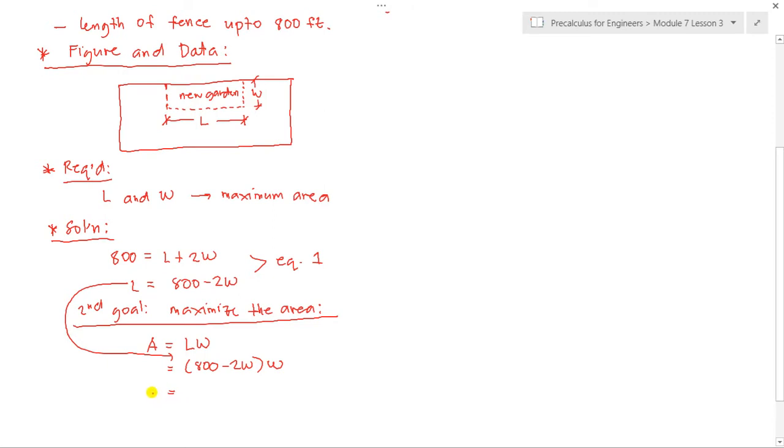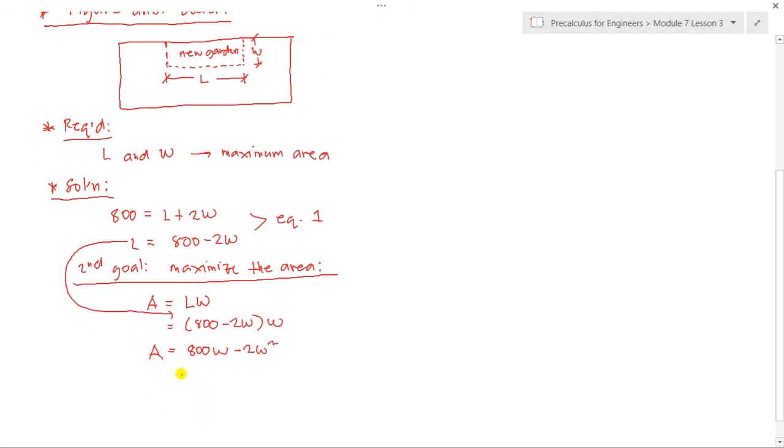Now if we simplify this, the area is equal to 800w minus 2w squared. If we rearrange this in decreasing order of the exponent, that is negative 2w squared plus 800w.